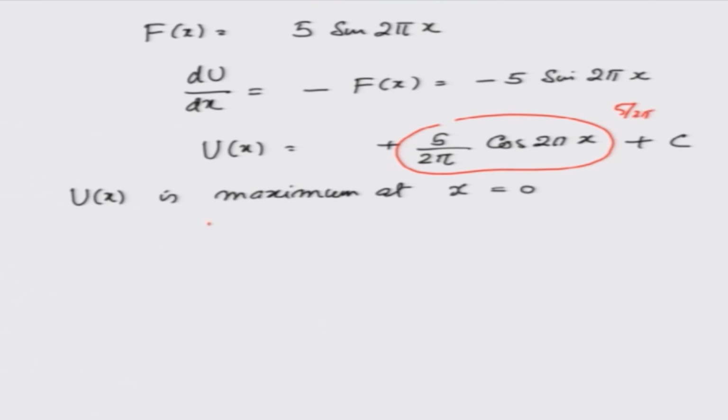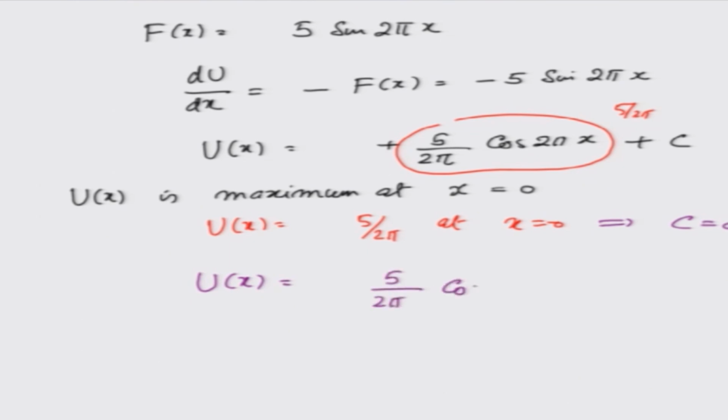So, I am going to say actually u(x) is equal to 5 over 2 pi at x equals 0, and then this immediately implies c equals 0, and therefore u(x) is going to be 5 over 2 pi cosine of 2 pi x.